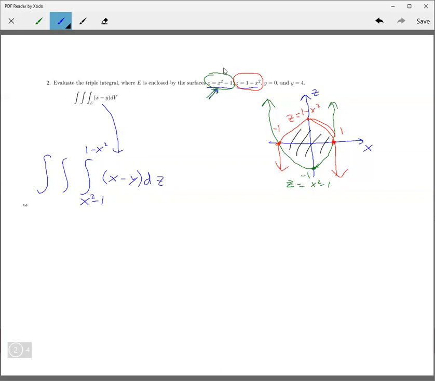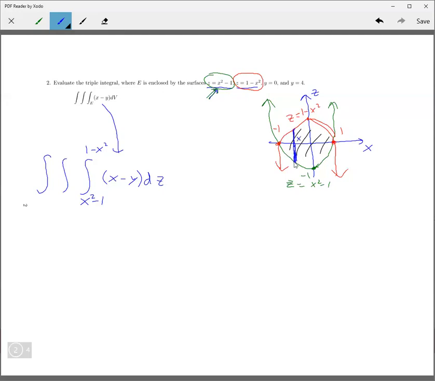There's no y's in those at all. I guess another way to look at it would be to take a vertical line.